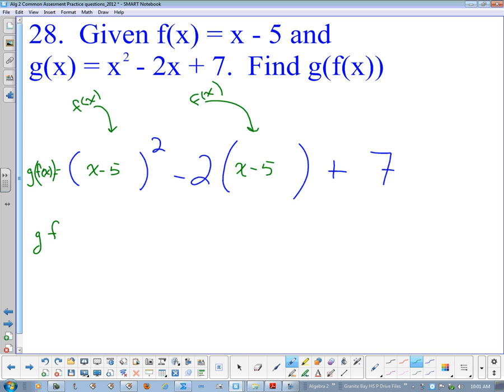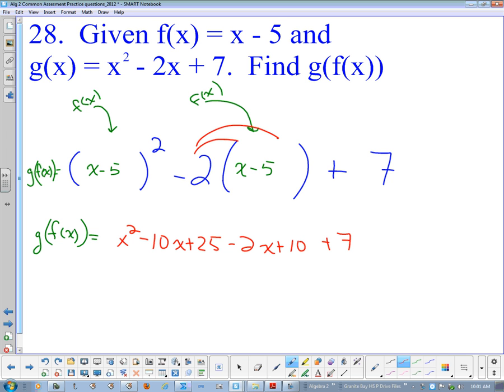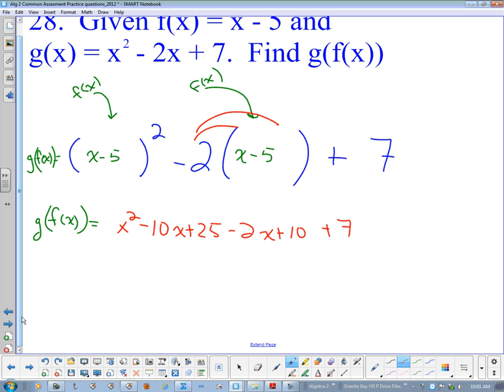Right now, g of f of x is equal to, we're going to simplify this. We're squaring a binomial. It's going to be x squared minus 10x plus 25. Distribute minus 2x plus 10, plus 7. So we have x squared. Let's combine some like terms here, minus 12x.